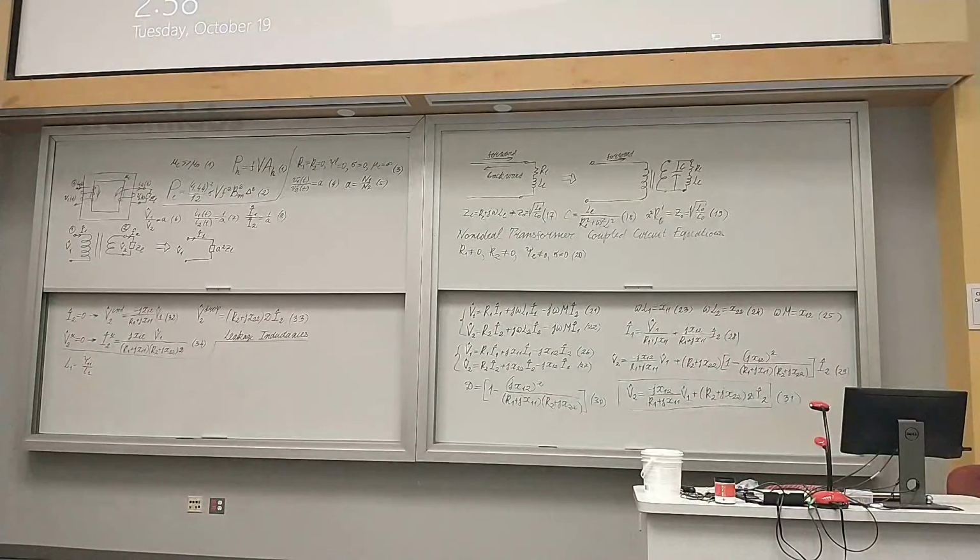But anyway, this does not depend on the flux linkage, it doesn't depend on current, it's the coefficient of proportionality between them. It depends on the square of the number of turns, it depends on the magnetic permeability of the ferromagnetic core, and it depends on the geometry of the ferromagnetic core.